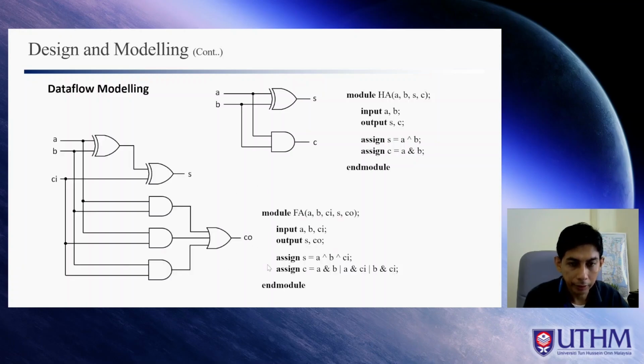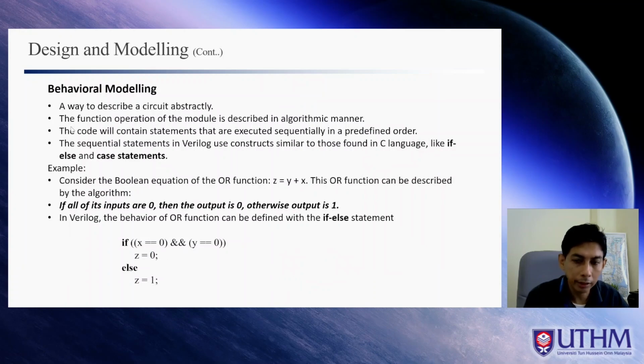Another example, behavioral modeling, right? So we will use the statements or keywords that resemble computer programming. The syntax is more similar to the computer programming style, where you use if, else statement, you use case statement, you use for loop, you use while statement.